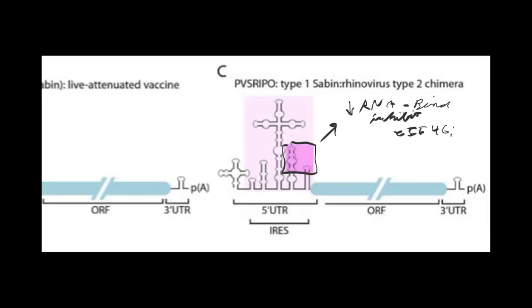Well, in the tumor cell, it reduces that. So that basically means that you're going to have increased EIF4G recruitment. When you have increased EIF4G recruitment, then you're going to have increased protein production of the virus, of this chimera virus.